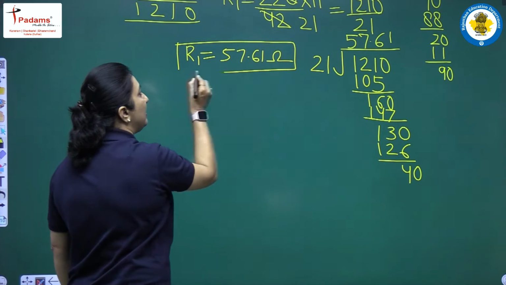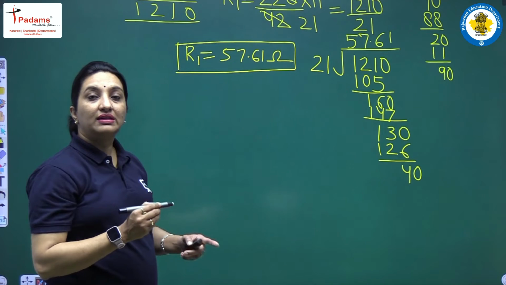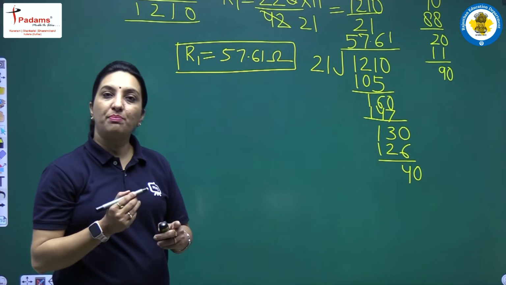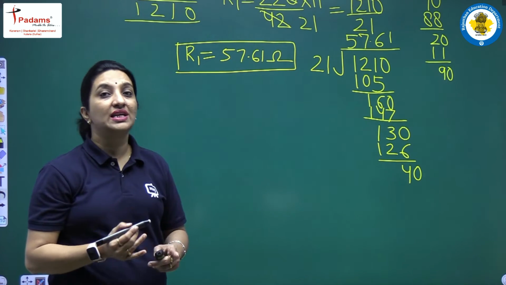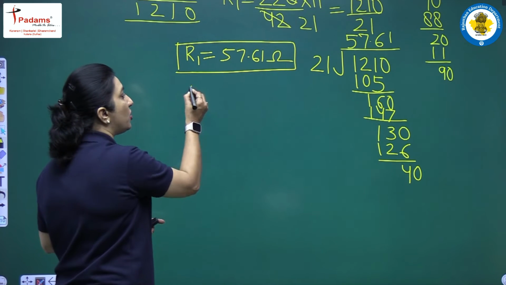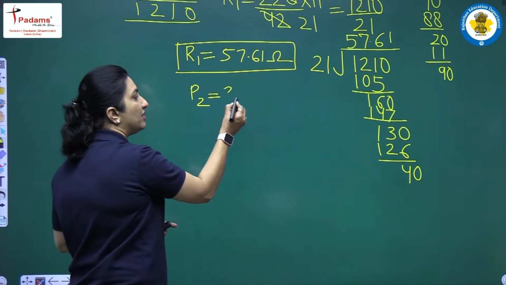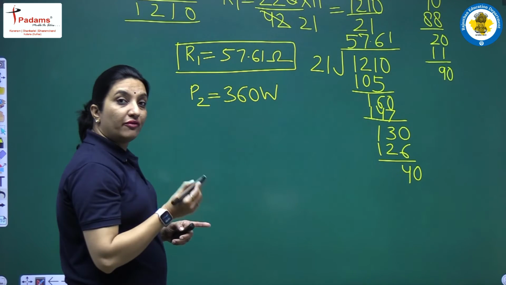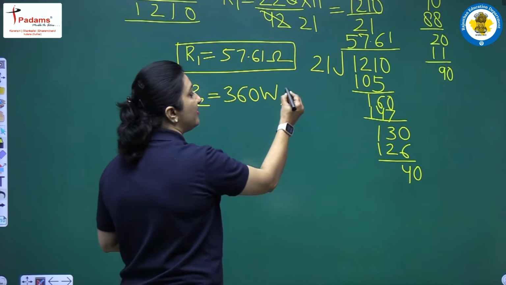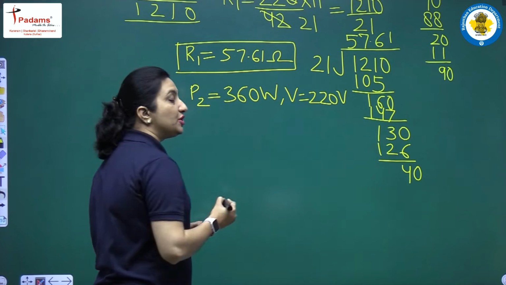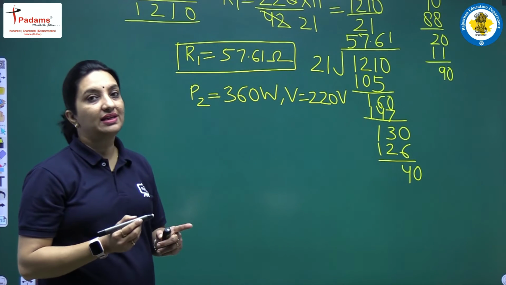Now similarly, we will calculate the current and the resistance for the second case when the power was given as 360 watts. Now the voltage is given as 220 volts. So we need to calculate the current and the resistance.